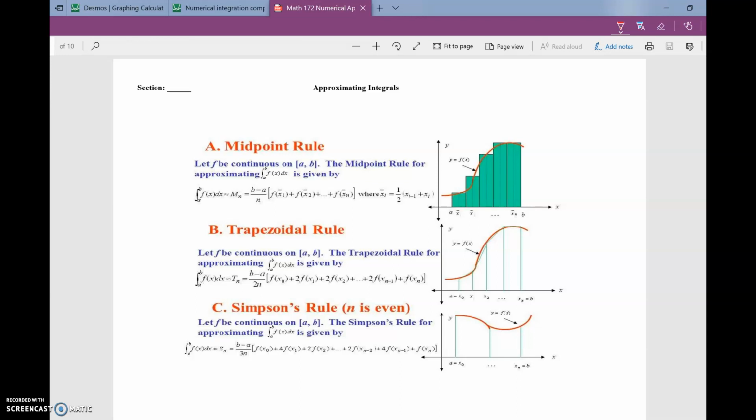Now, since we're just going to be doing some of these approximations by hand, we're not going to go past values of 4. That's because, doing it by hand, for some of the methods like Simpson's method, n has to be even, 2 is really small, and anything beyond 4 for an approximation that we're doing by hand may get extremely messy.